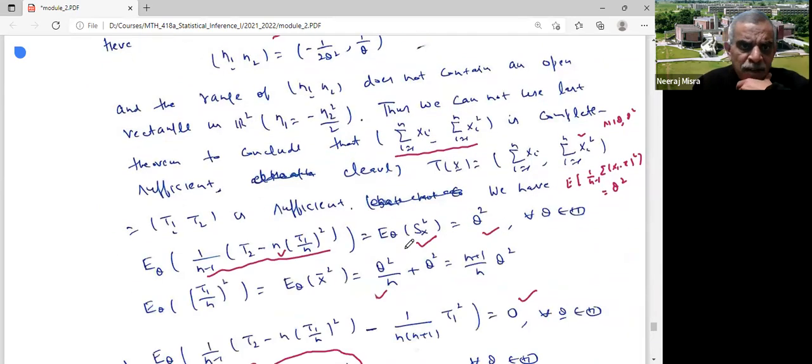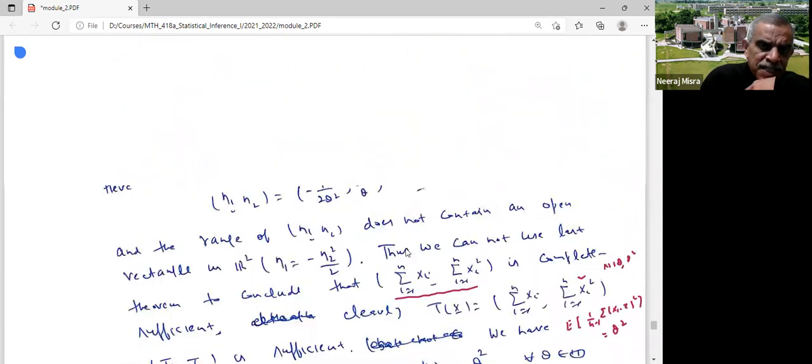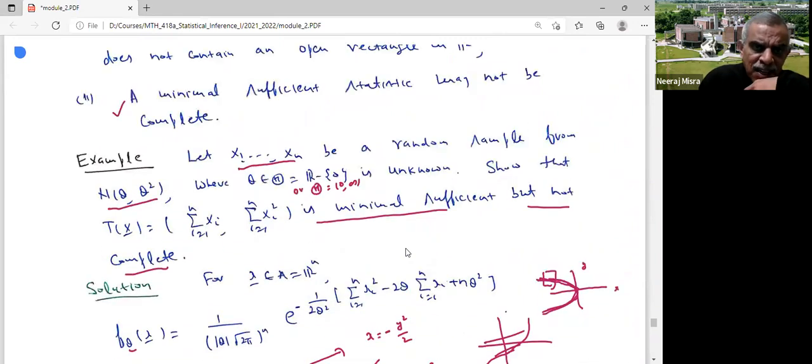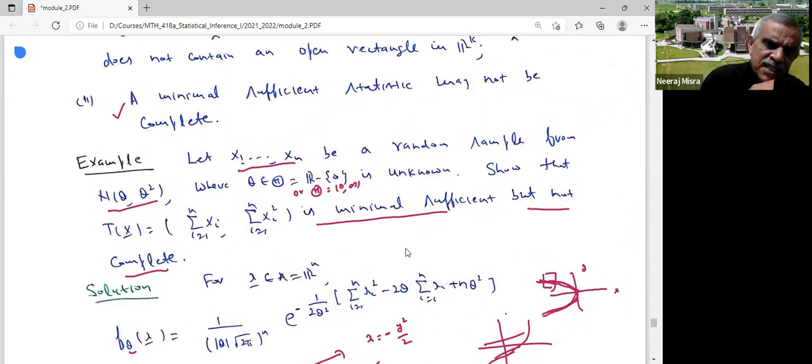You see, why a minimal sufficient statistic is not complete here is because it has a lot of ancillary information, because here the mean is theta and the variance is theta square, so both depend on theta. This two-dimensional statistic, because of theta and theta square, has a lot of ancillary information: summation xi contains some information about theta, and summation xi square contains some information about theta because it is for theta square.